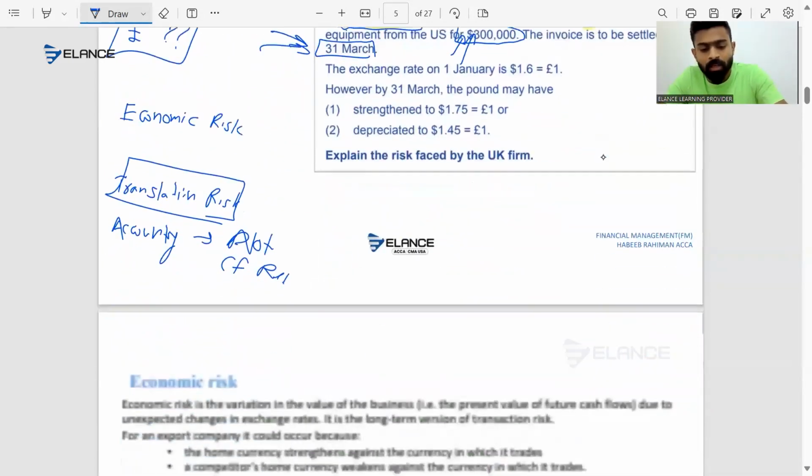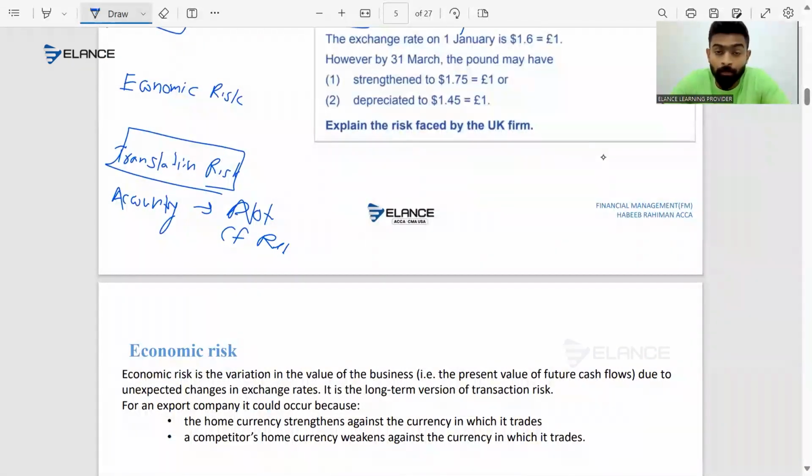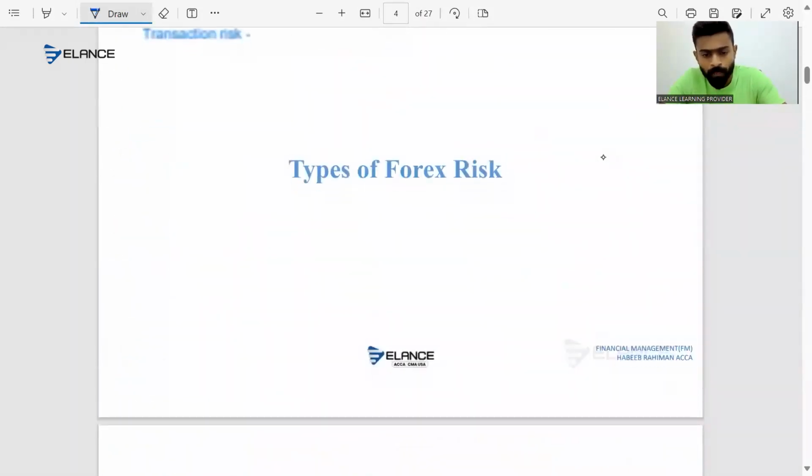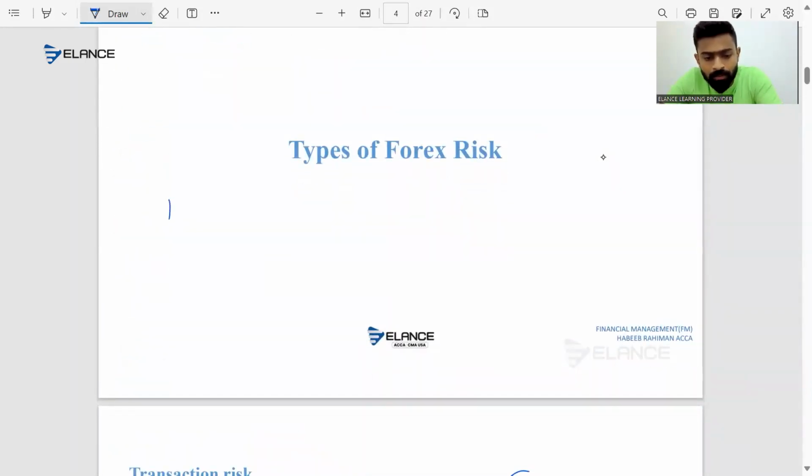See, normally these companies work under a group structure. Assume this is a parent company, subsidiary company 1, and subsidiary company 2. The parent company is in dollars, subsidiary 1 is also in dollars, but subsidiary 2 is in euro.